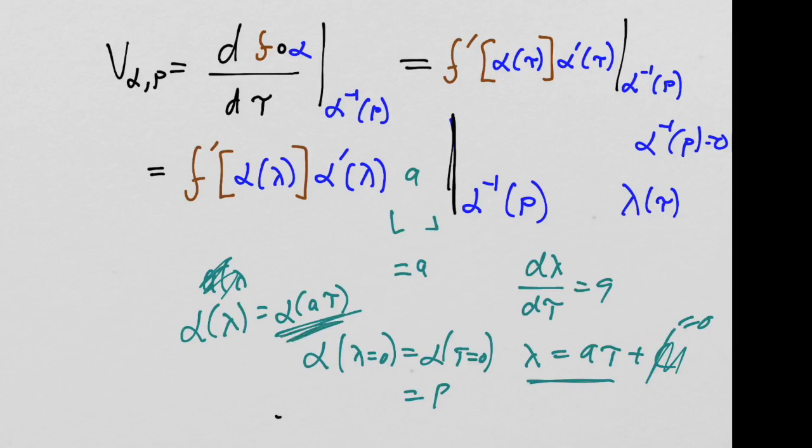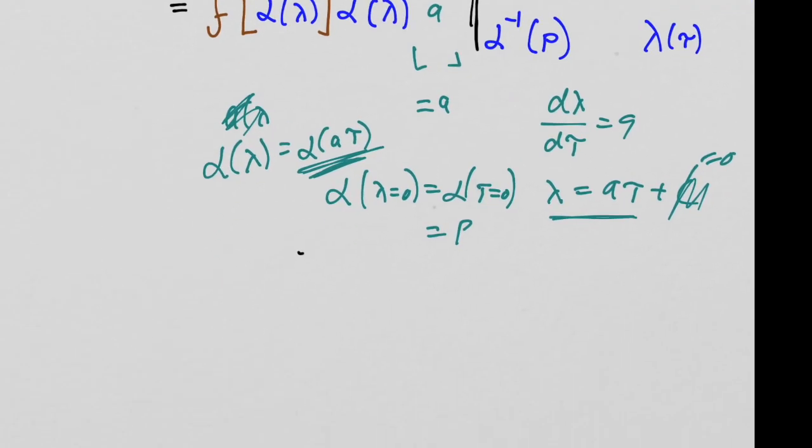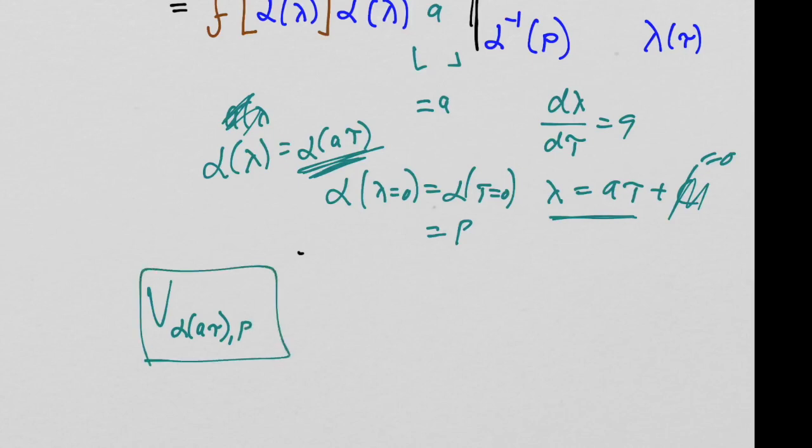So now if I created the directional derivative v of the curve alpha of a tau at p, this curve here we identify with a times v of alpha of tau at p. So multiplying by a scalar simply reparameterizes the curve itself to be faster or slower, depending on whether a is greater than or less than 1.